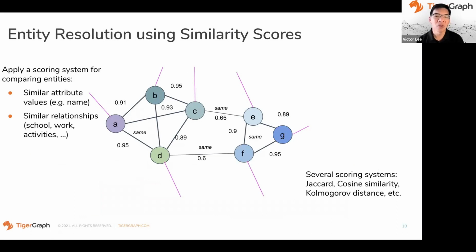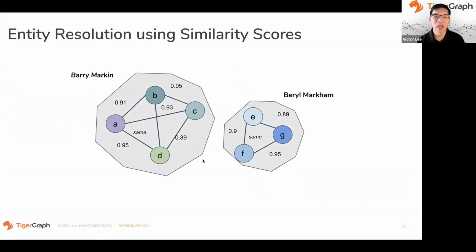And once you have these scores, you can represent them on the graph. And this means that this group, they all have similarity scores in the 90s. This group, they also have similarity scores in the 90s, but C to E is only 65%, D to F is only 60%. So those are lower. We can then do some clustering and put this group of high scores together, this group of high scores together.